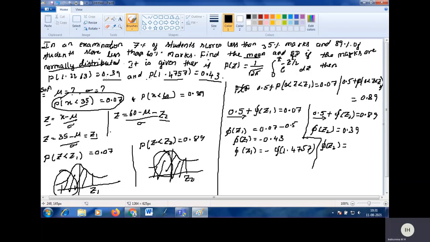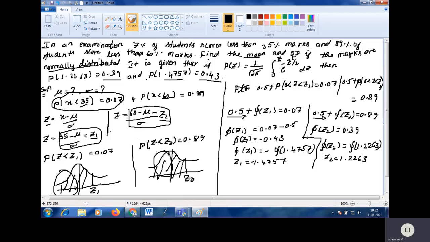For what value of z will we get 0.39? The value of z is 1.2263. Therefore z1 will be minus 1.4757, and z2 will be 1.2263.